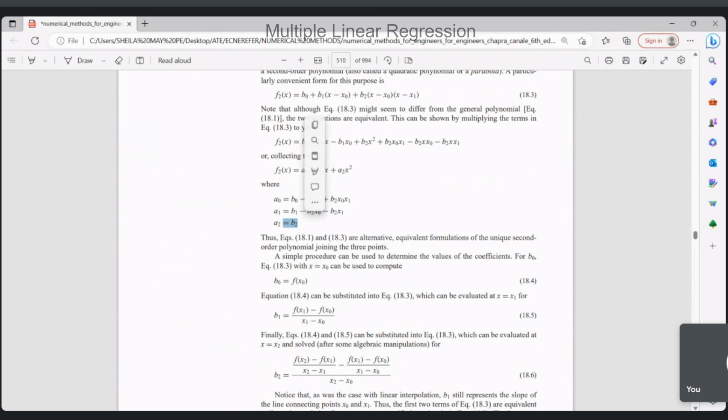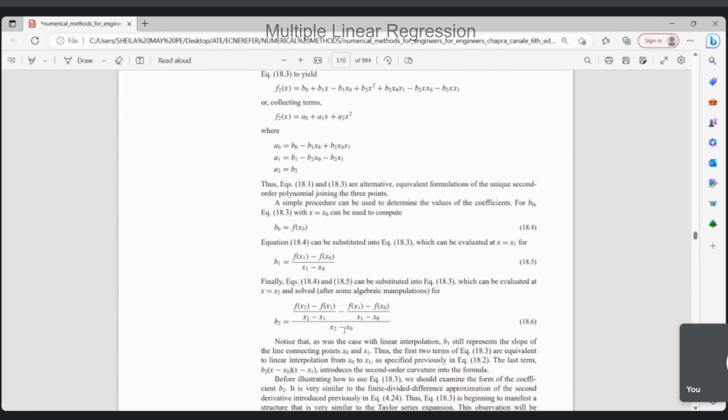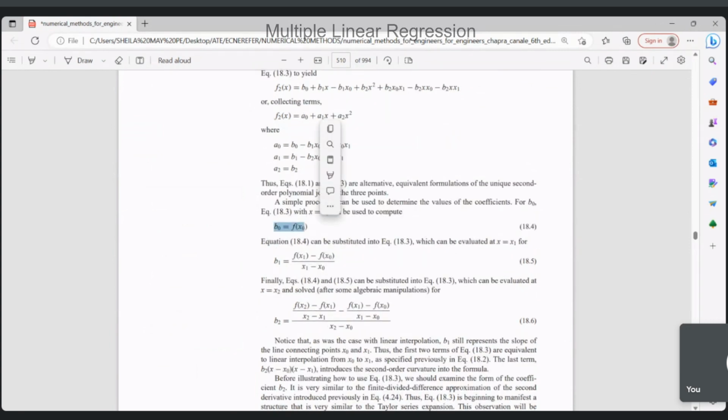Now, to get the B0, B1, or B2, this is the formula. B0 is the function of our x sub 0, and ang atong b1, function of our x sub 1 minus function of x sub 0 divided by x1 minus x0.